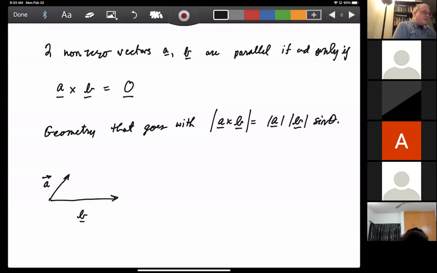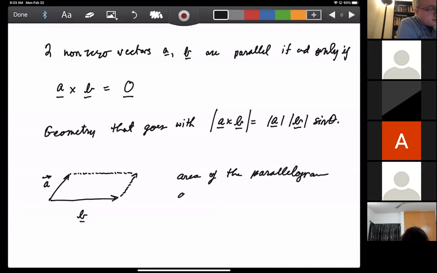So let's imagine that I wanted to find the area of this parallelogram, A and B. Well, if these were at right angles, that would be easy because in that case we'd just have a rectangle. It's not that much harder for a parallelogram.